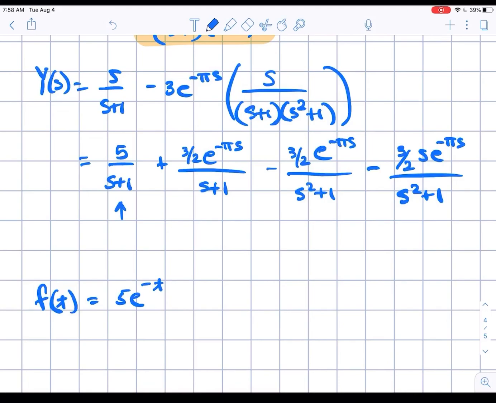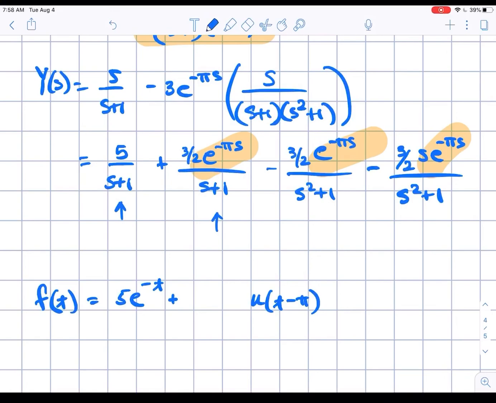Okay, the next one. Each time you see this e to the negative pi s, I know for each one of those terms I need to have that unit step u of t minus pi. So if I'm focused on this first one, that t minus pi has to be in place of the t.